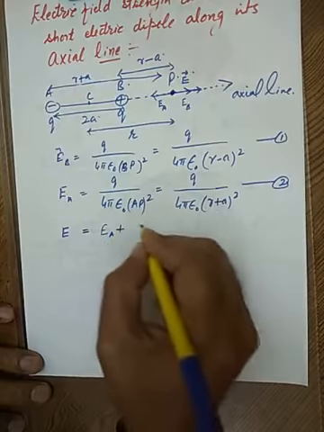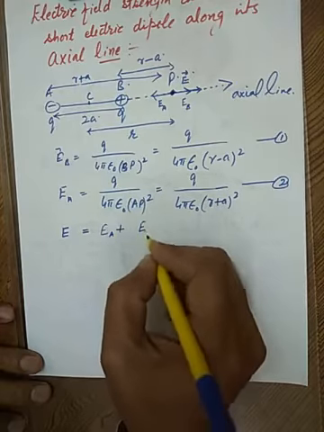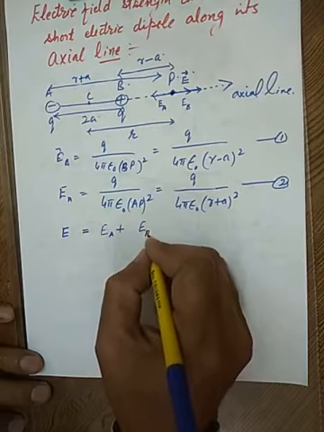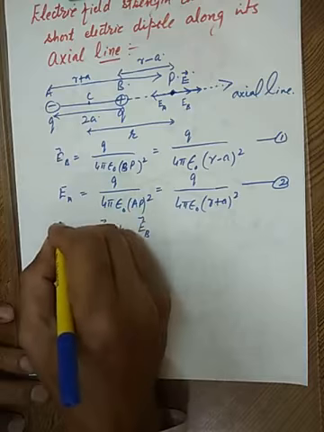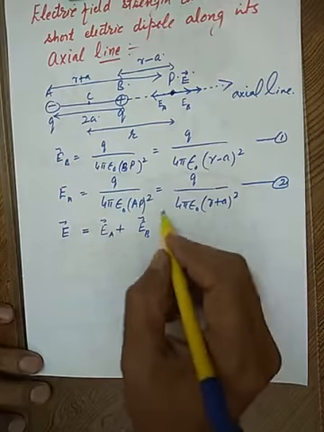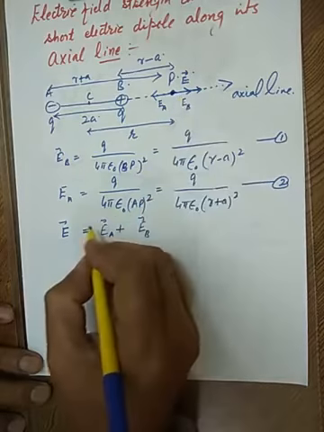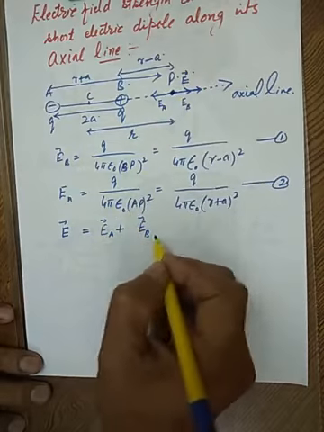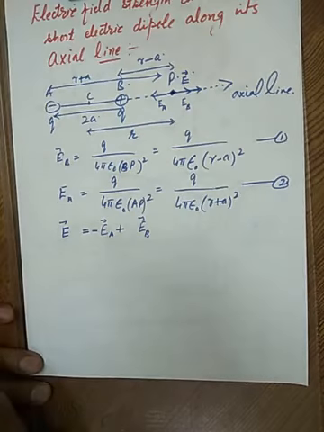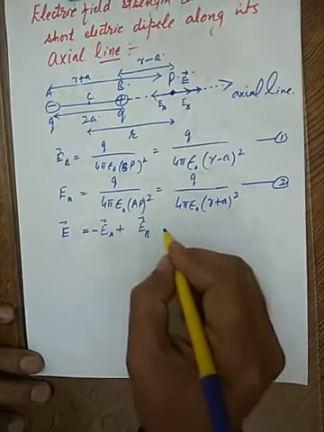Since EA has a direction opposite to EB, I should write minus.